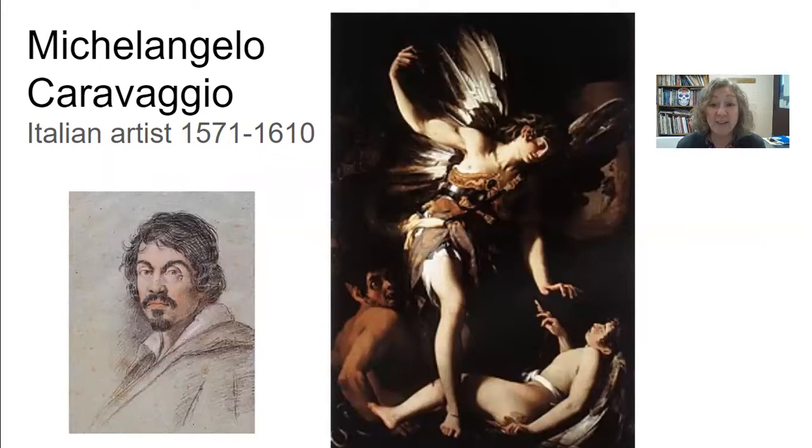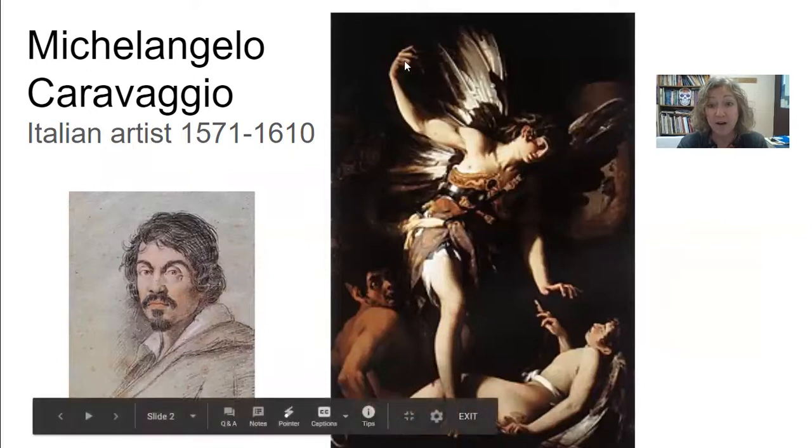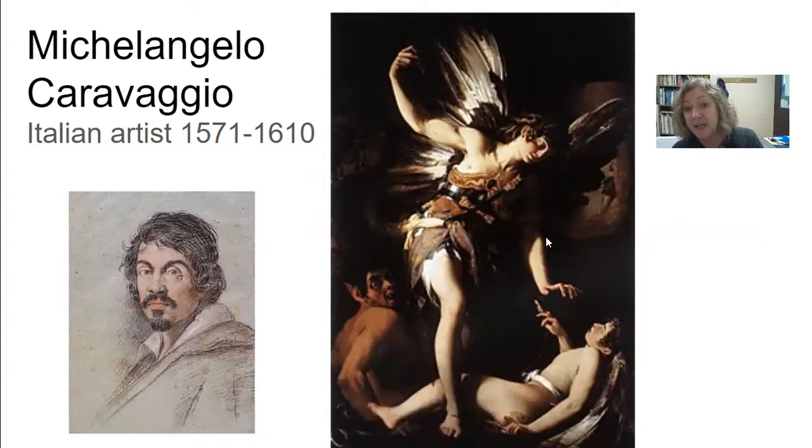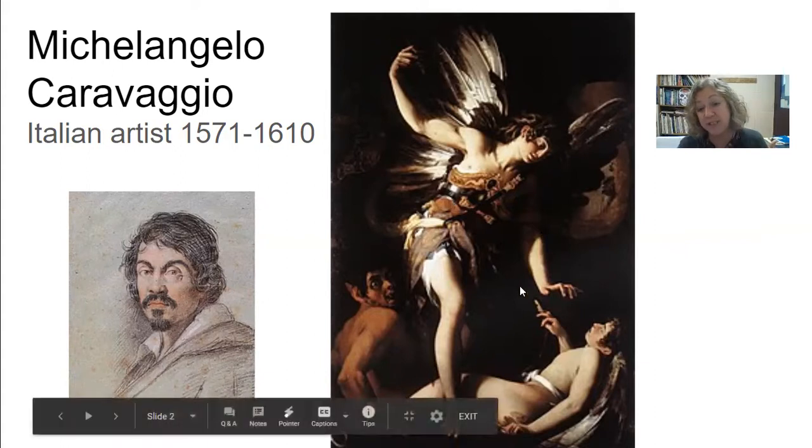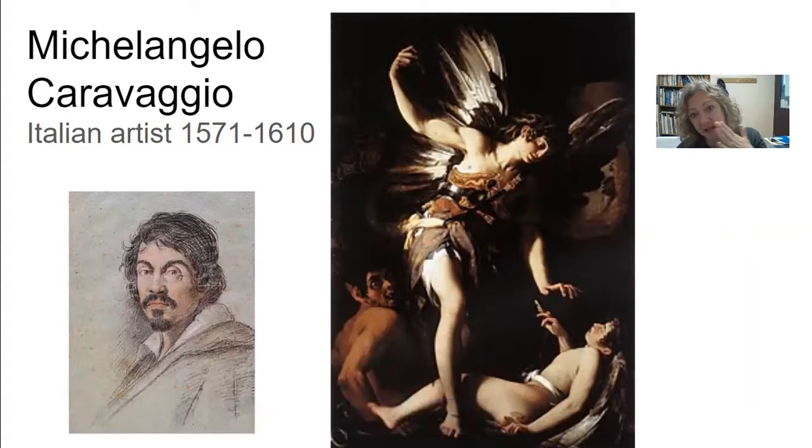And what we have here is a portrait of an angel, and you can see how the light is coming down. He's pointing. Caravaggio is making the two lines line up with this pointing figure on the bottom, showing that path of light where it's hitting the angel's cheek, hitting the side of the nose, hitting the leg, and then the rest of the work is in shadow.